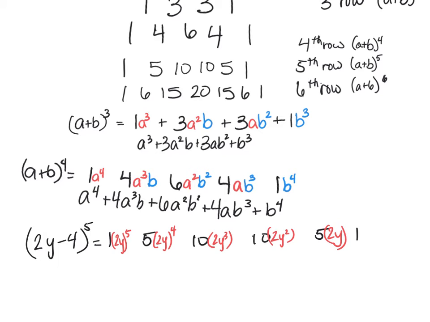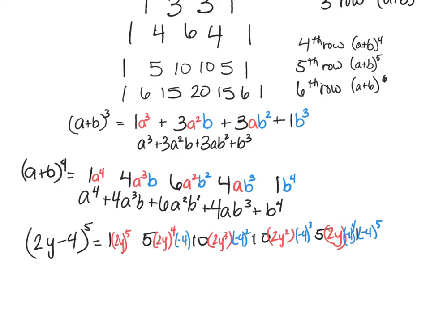And then on the way back, I'm just going to keep account for my negative in the term. So on the way back, we're going to start with negative 4 to the fifth, negative 4 to the fourth, negative 4 cubed, negative 4 squared, negative 4, and negative 4 to the 0.